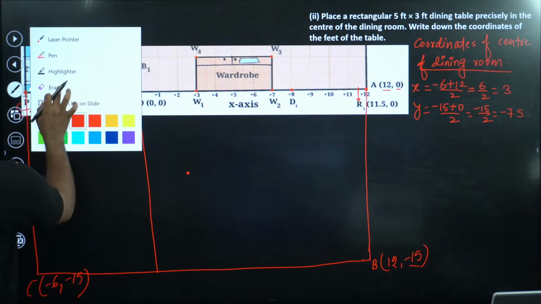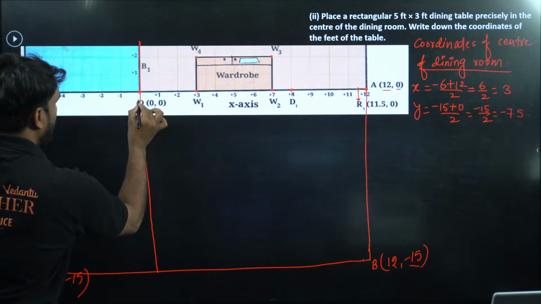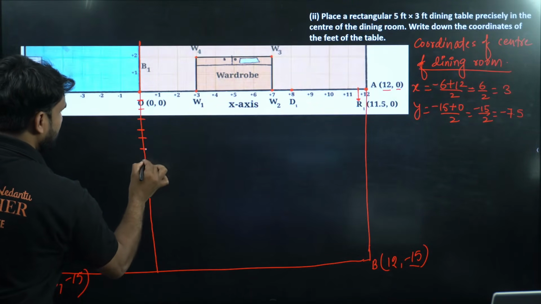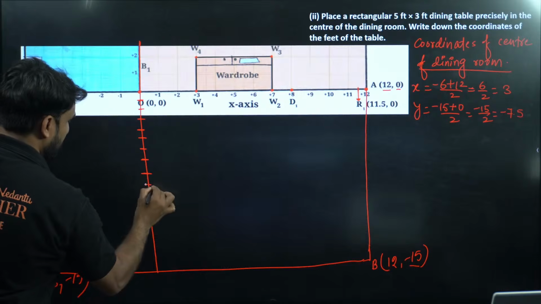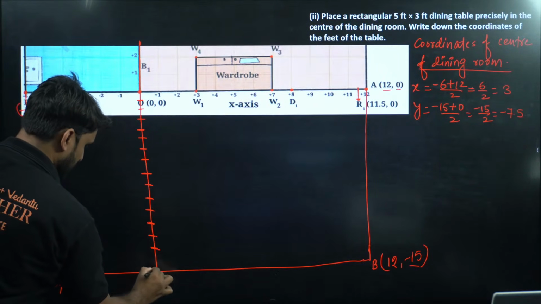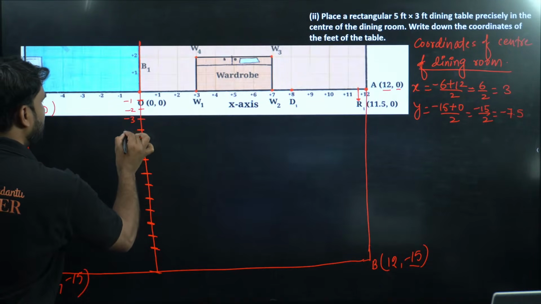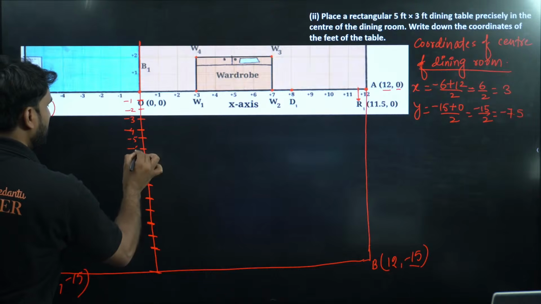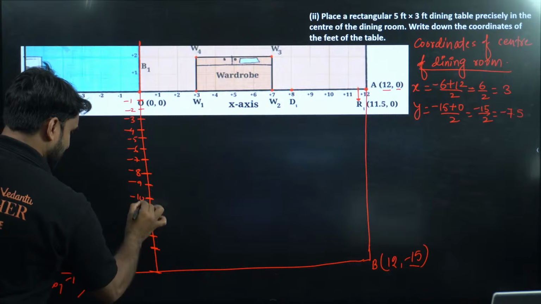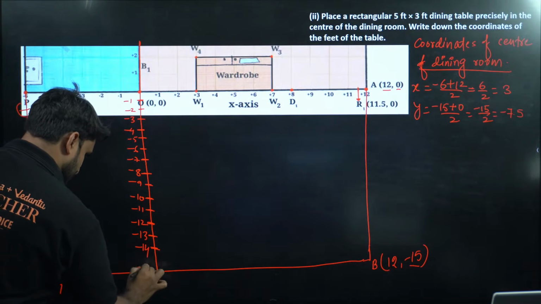If we mark the units here: 1, 2, 3, 4, 5, 6, 7, 8, 9, 10, 11, 12, 13, 14 and this is 15. So this is minus 1, minus 2, minus 3, minus 4, minus 5, minus 6, minus 7, minus 8, minus 9, minus 10, minus 11, minus 12, minus 13, minus 14 and this will be minus 15.